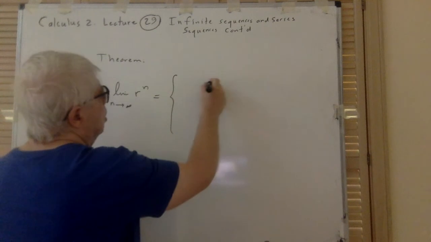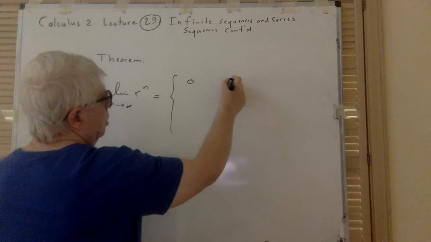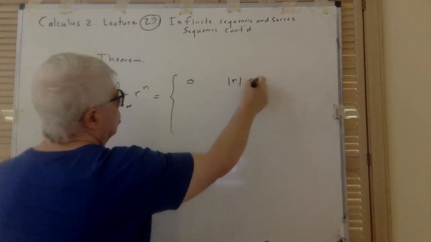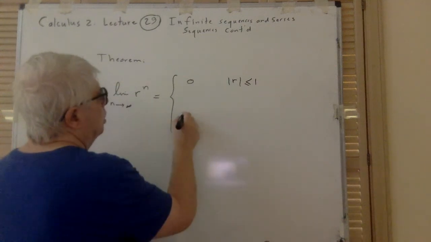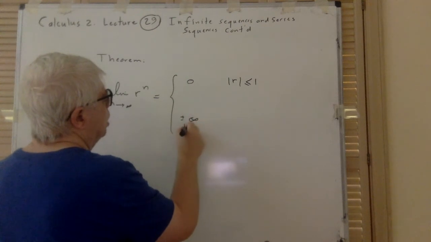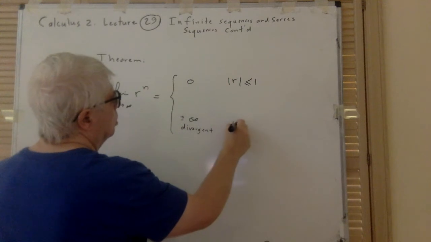It is 0 if the absolute value of r is less than 1, and it diverges, it can be plus or minus infinity or divergent, if the absolute value of r is bigger than 1.